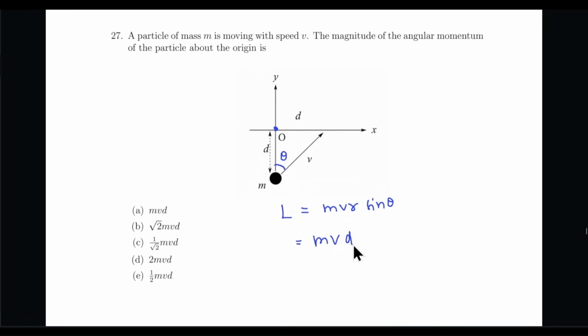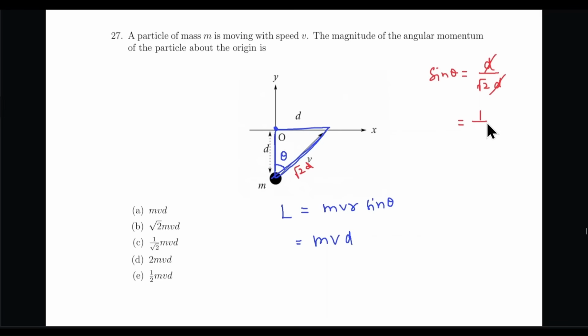So r is d. And theta, if we notice carefully this triangle, tan theta will be opposite over adjacent, which is d over d. So tan theta is 1, or I'll just do sine theta, guys, if you might be confused. If this is d, then this will be square root 2d, and sine theta will be opposite over hypotenuse.